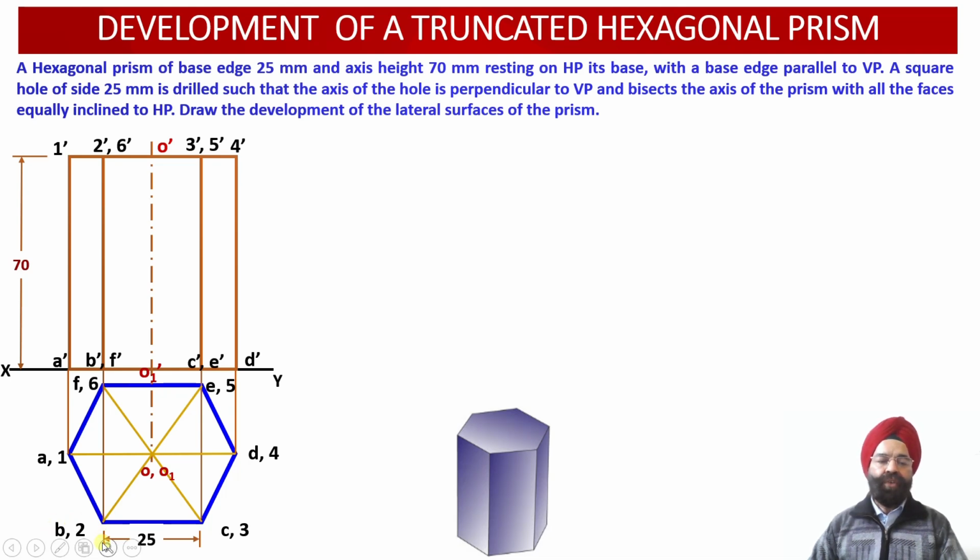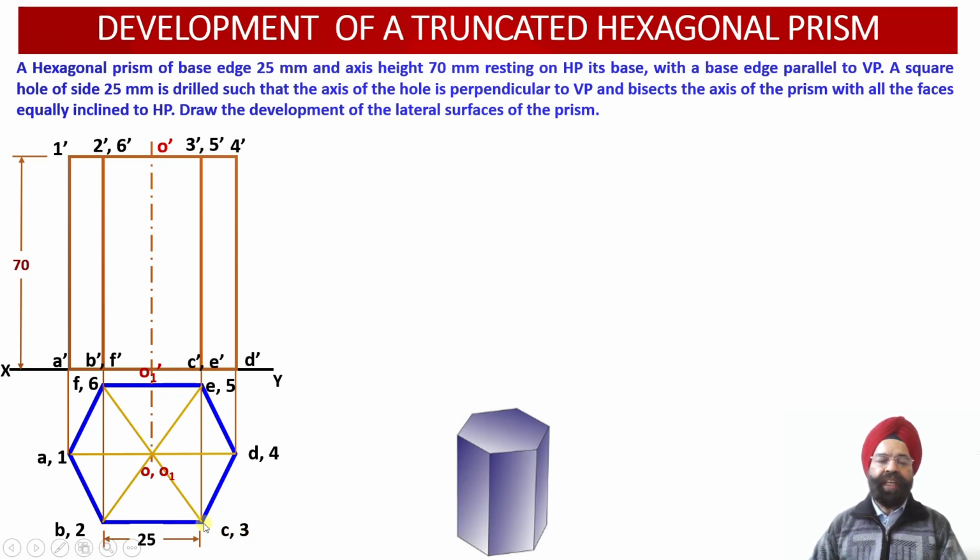So this vertical edge 2B will be visible to the observer, while the vertical edge 6F is not visible to the observer. Similarly, the vertical edge 5E is not visible to the observer, but it has been superimposed by the vertical edge 3C in the front view.